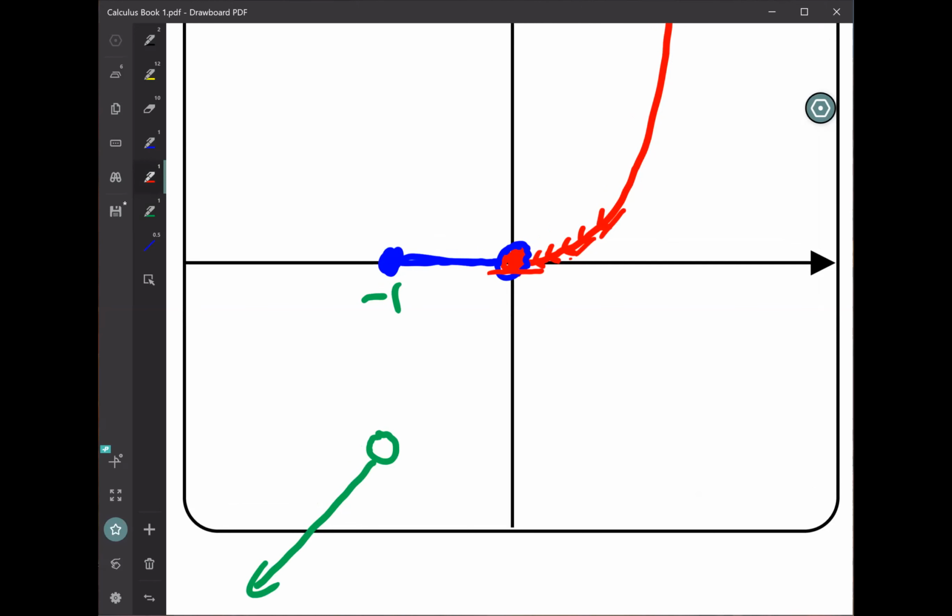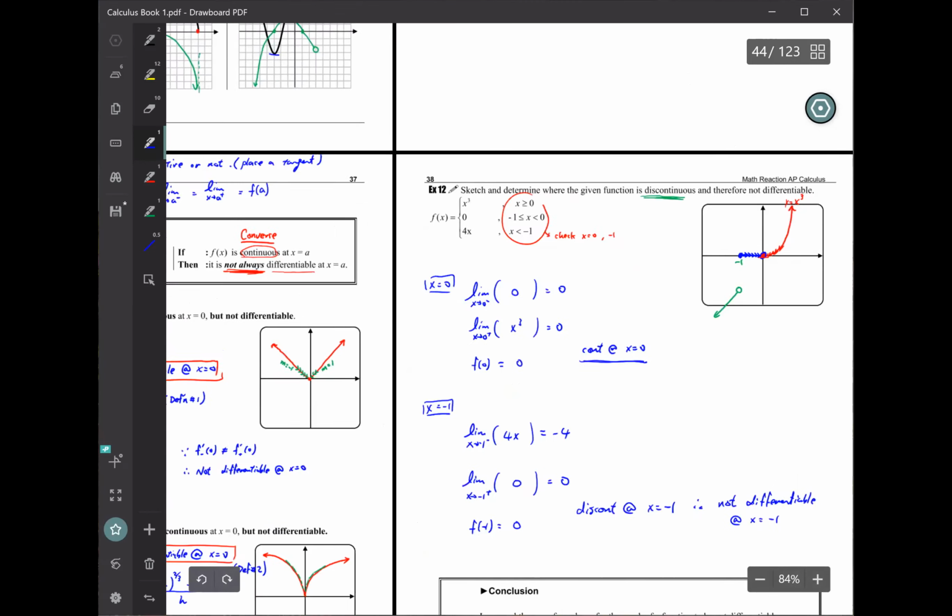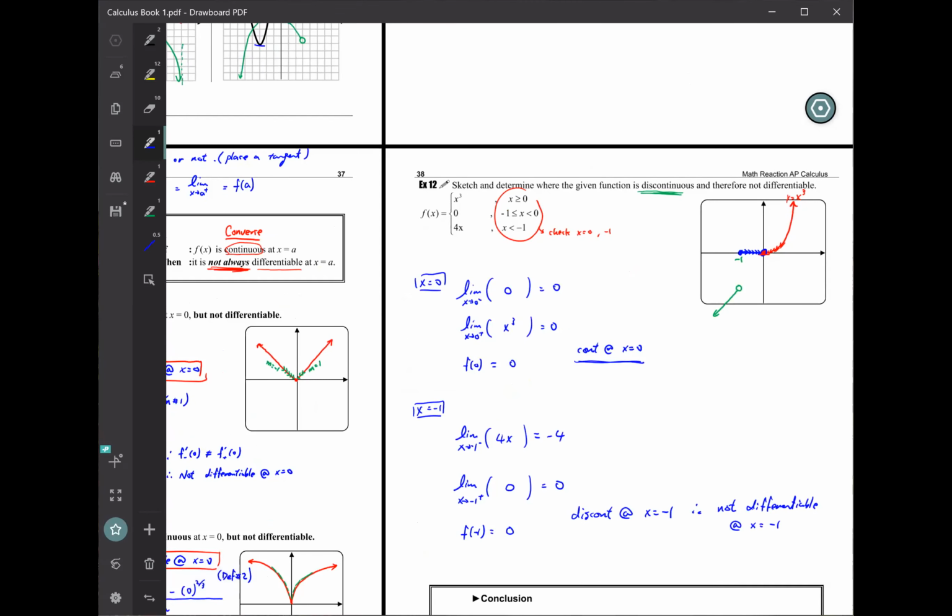And the slope coming from the left side, because it's already a flat line, will also be flat. So from the graph, we can sort of see that it will be differentiable, but it's not really a proper proof. If you want to show the work, you have to do the left slope and the right slope. Okay, any questions?